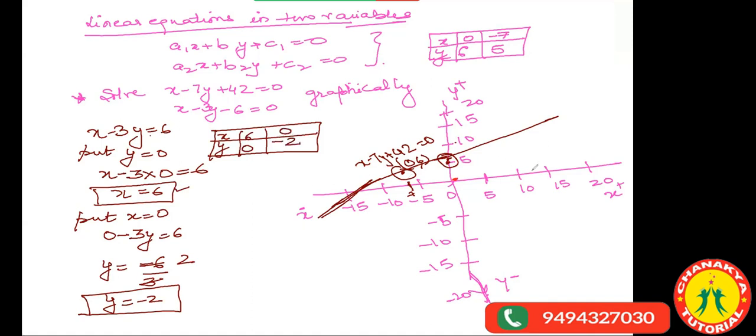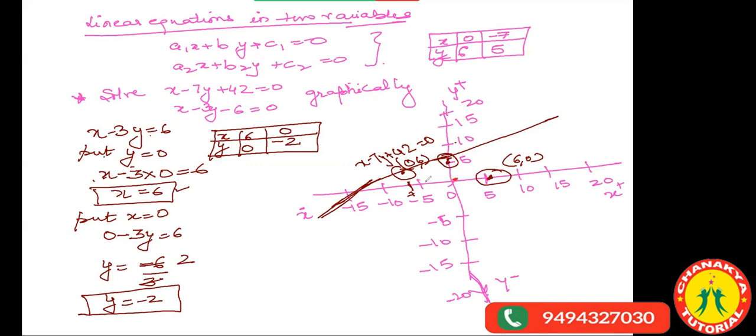So now see, when x is 6, 6 will lie here, and y is 0. So this point will lie here only. This will be 6, 0. So always the x coordinate you need to write first. Then it is 0 and minus 2.